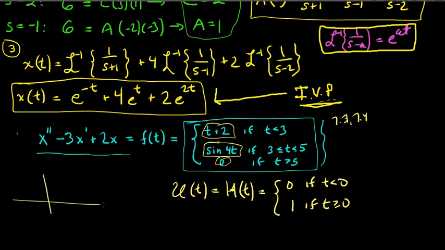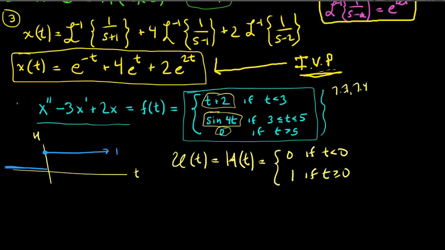When t is negative, you're at 0, and then when t is positive, you step up and become 1 after that. It steps up 1 unit.